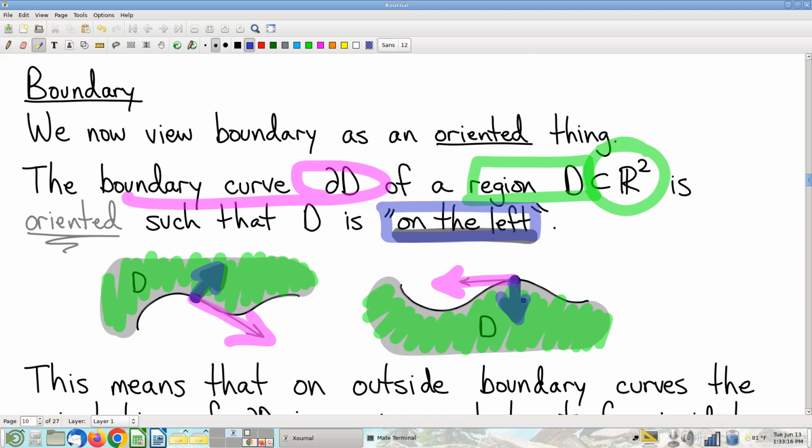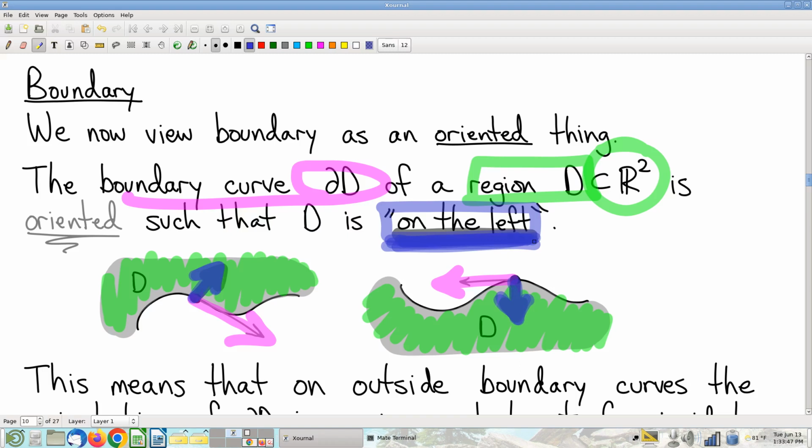There's two different directions that you could walk along the lake, right? You could walk around the edge of the lake. If you were to go this way, then the lake is on your left. If you were to go that way, the lake is on your right. Right? So the arbitrary but standard convention is that you walk in the direction that puts the lake, the thing that you're walking around, on your left. Is that cool? Everybody see what I mean here?